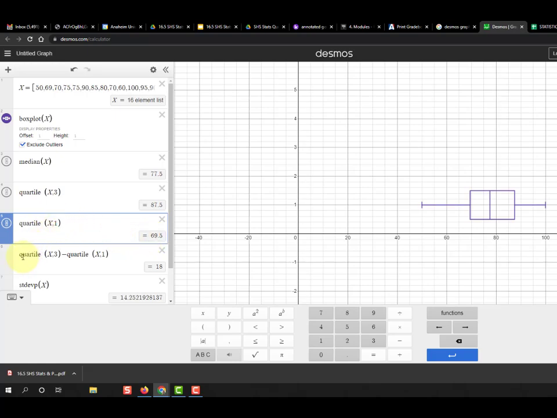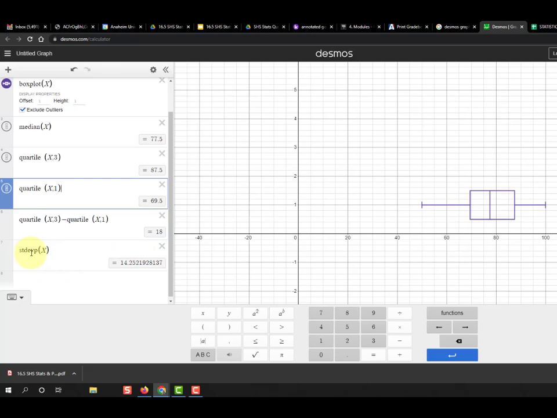So I asked Desmos to do Q3 minus Q1, which is interquartile range. Your answer is 18. And then standard deviation of the population, which means you have all of the numbers. In this case, you're not dividing by n minus 1, just n, and you get an answer of 14.3. 14.3 is your correct answer.